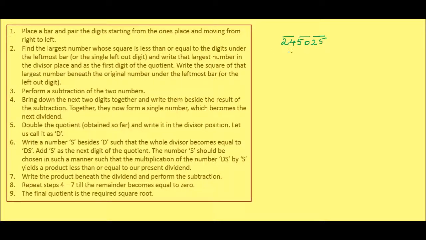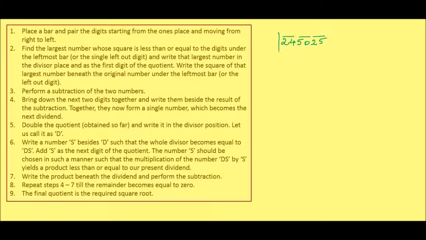So 1 squared is 1, 2 squared is 4, 3 squared is 9, 4 squared is 16 and 5 squared is 25, which is more than 24. Therefore, the largest number whose square is less than or equal to 24 will be 4 because 4 squared is 16. We write that largest number in the divisor place.